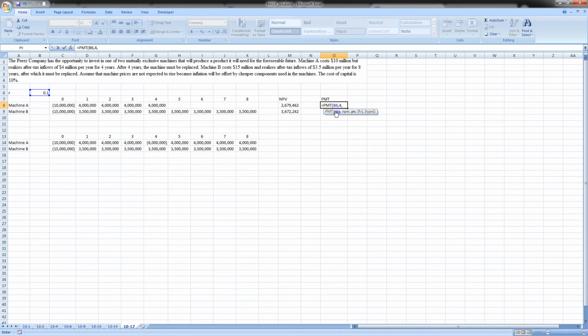The present value, and the future value we'll leave as 0. So we see that the annuity of $845,291 and change per year for 4 years has an NPV of $2.679 million.